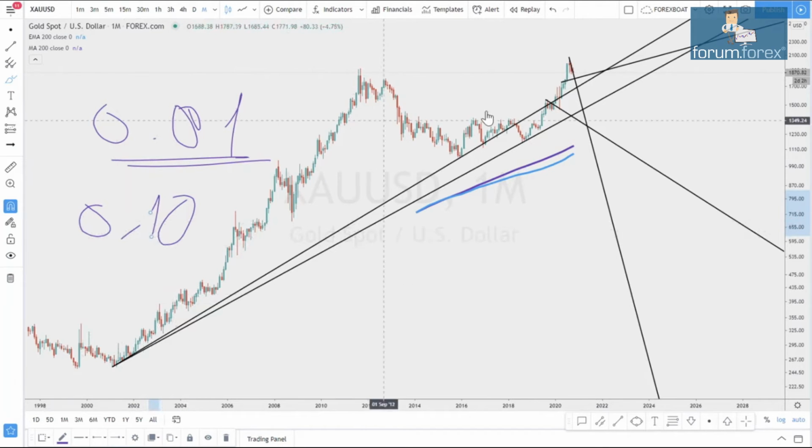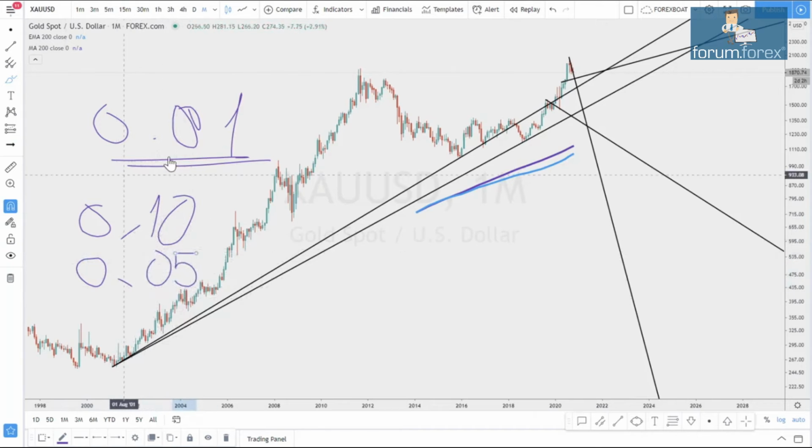Okay, 0.1, because the price tends to go 10 times or 5 times faster than forex, which means that your 0.1 lot could be equal to 0.05 or 0.1. So this is something that you should keep in mind, because this is completely different than in forex, and the lot size should be calculated, of course, accordingly.